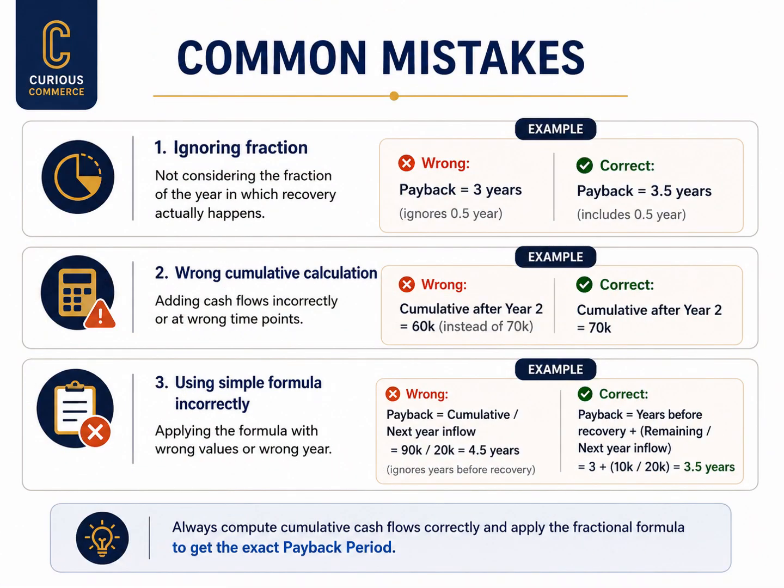Now, let us discuss common mistakes students make. Mistake one is ignoring fraction completely. Some students simply write 3 years or 4 years. That is incorrect. Mistake two is wrong cumulative totals. If cumulative calculation is wrong, final answer also becomes wrong.